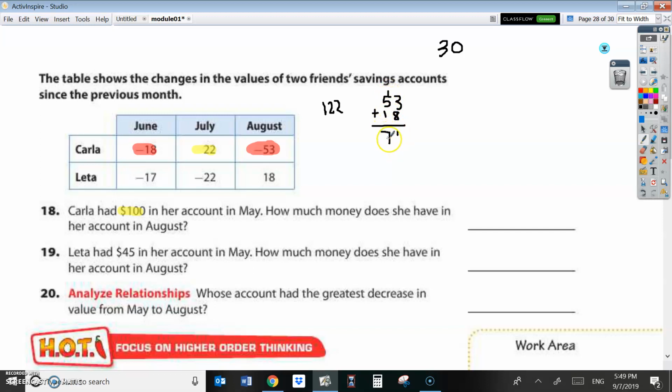Looks like 71. So 71 is the negative amount, and this is the positive amount, so subtract 71 from the positive amount. So Carla has $51 in her account.